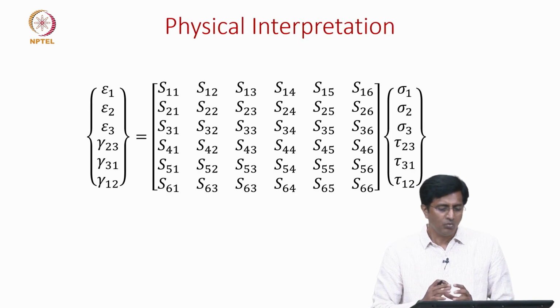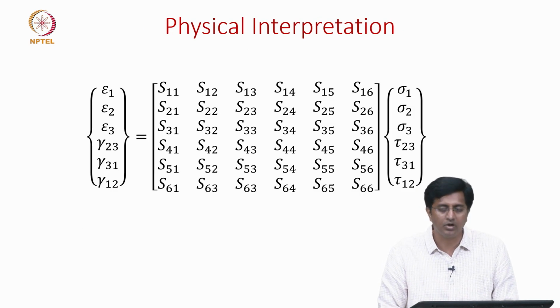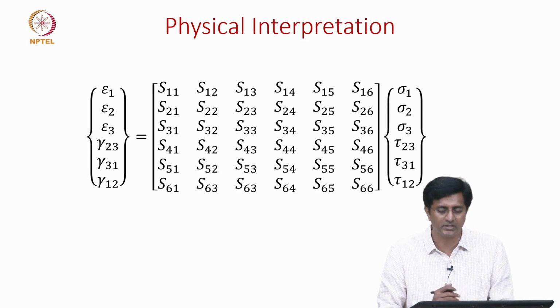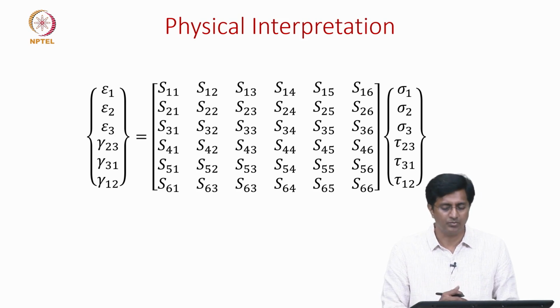Now, let us see what is the physical interpretation of these constants. For that it is best to look at the strain-stress relations, where we write the strains in terms of the compliance matrix and the stress components.